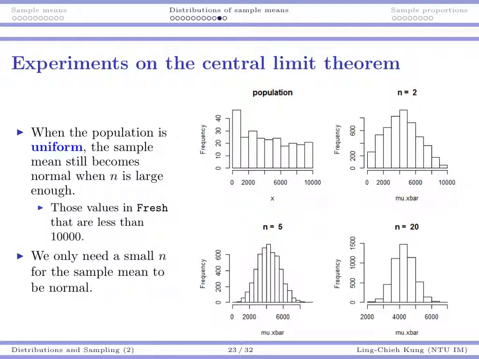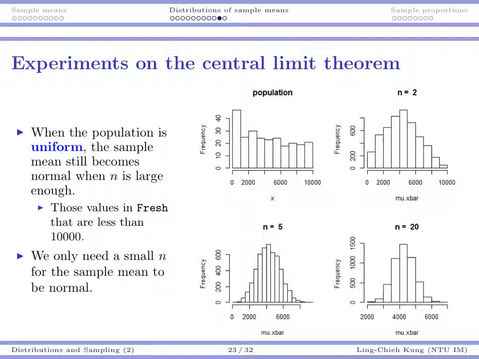When n is just 5, this already looks very close to a normal distribution, right? And when n is 20, your sample mean is almost a perfect normal distribution. You can even feel that this distribution is symmetric. So that means we only need a small n for the sample mean to be normal.